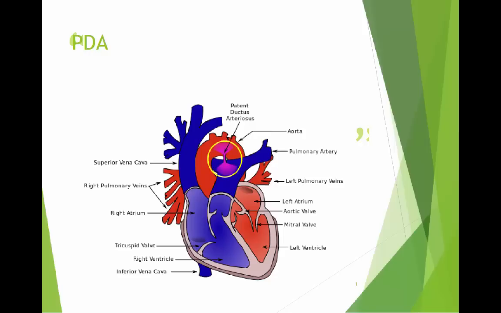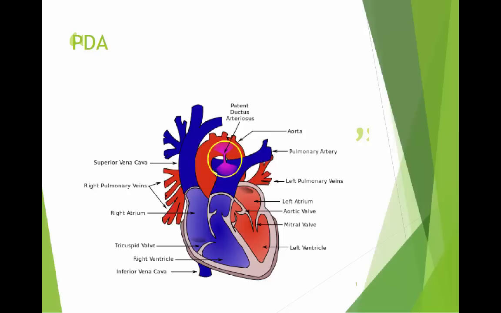There's always a left to right shunt in acyanotic congenital heart diseases because there is always a higher pressure on the left side of the heart compared to the right. So the left atrium, the left ventricle and the aorta have a higher pressure compared to the right atrium, right ventricle, and the pulmonary artery. That's the reason why the shunt tends to be constantly from left to right. So remember, that's the normal connection.